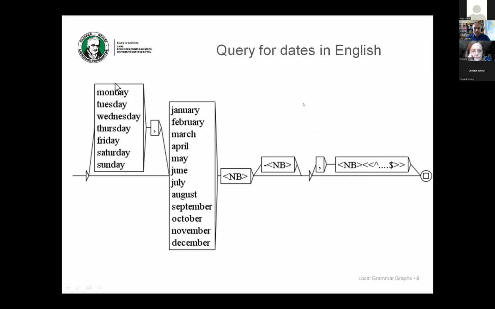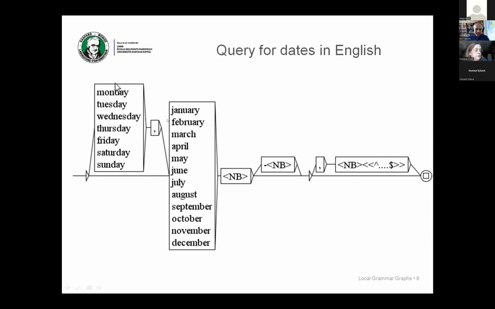Here you have a graph. A graph is made of paths from the initial box to the terminal box, and in a path where you follow the arrows, you have the description of something that will become a query.